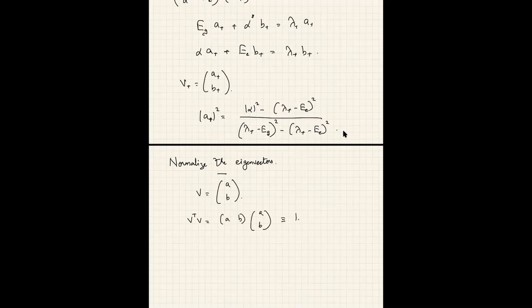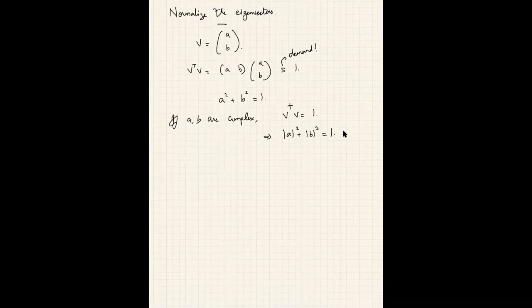You require this definition, demanding that this vector be normalized. So this basically tells you that a squared plus b squared equals 1. Of course, if a and b are complex, then your equation should be v dagger v equal to 1, and this would give you mod a squared plus mod b squared equal to 1.